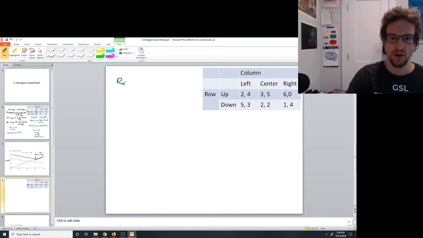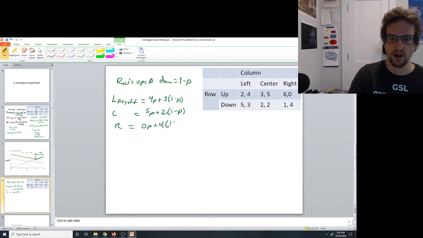So again, Row's up is P, down is 1 minus P. So for column, the left payoff is 4 times P plus 3 times 1 minus P. Center payoff is equal to 5P plus 2 times 1 minus P. And the right payoff is 0P plus 4 times 1 minus P.